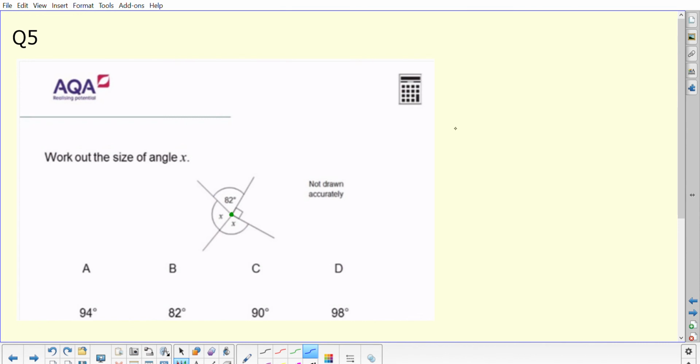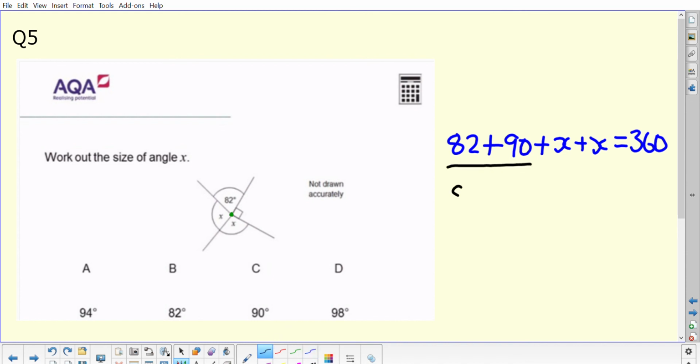So the two that we know so far, we know that there's an 82, and we've also got that little square angle, which remember means 90, plus you've also got those two x's, and all of that together totals 360 degrees. So if we add together the two that we know, your 82 plus your 90, you're going to get 172.